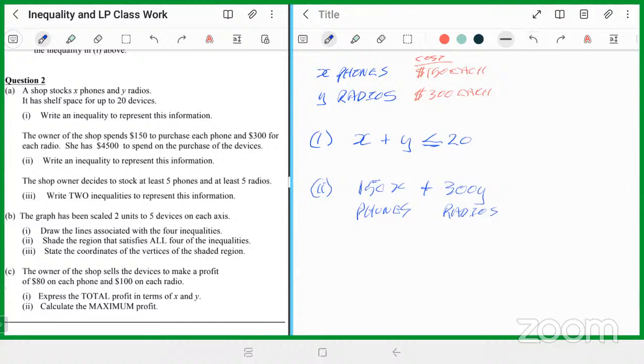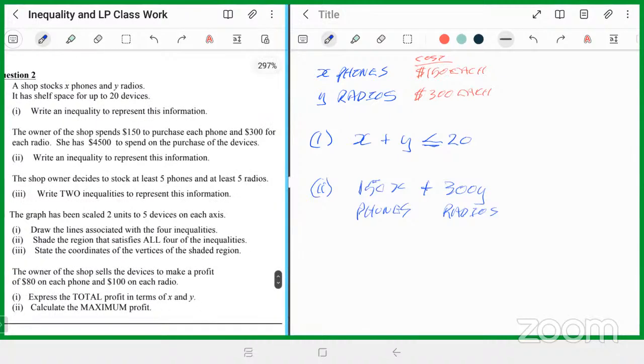All right? And they're going to give you some limitation now on how much this total spend can be. They said she has $4,500 to spend on the purchase of the devices. See, devices again means the radios and the phones.